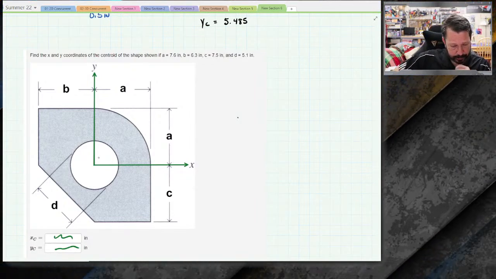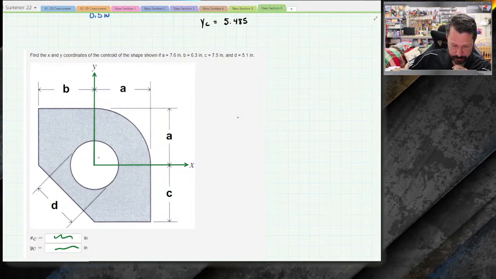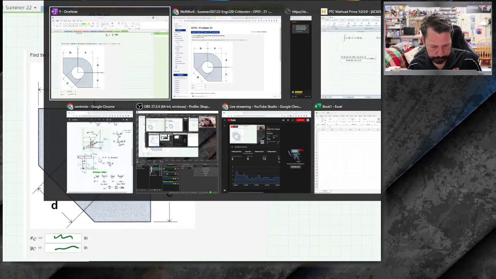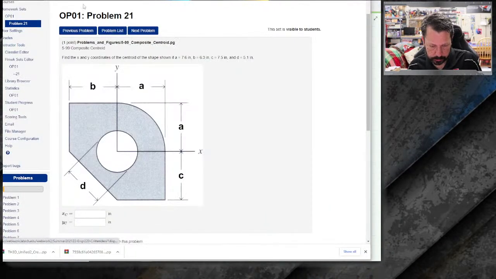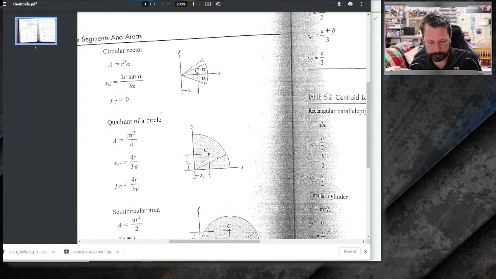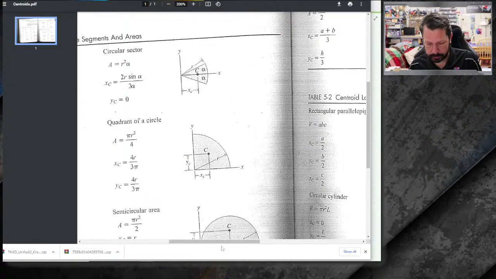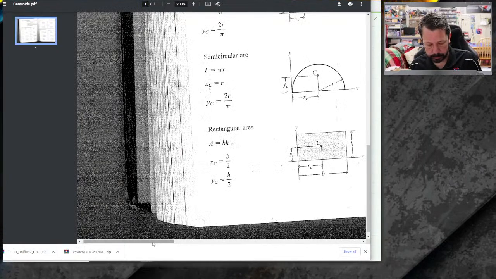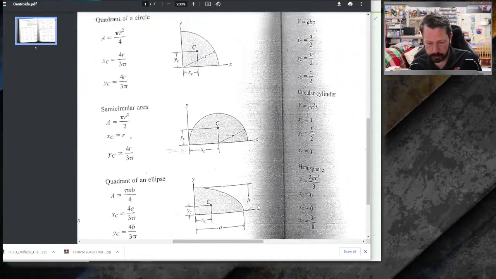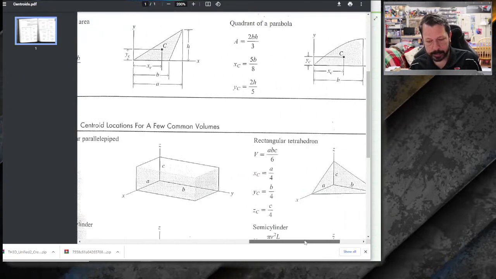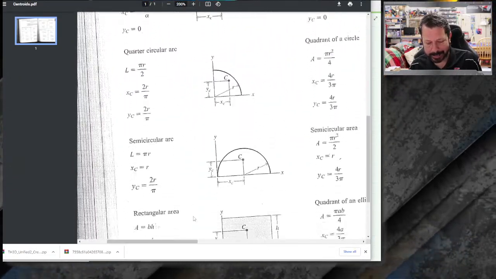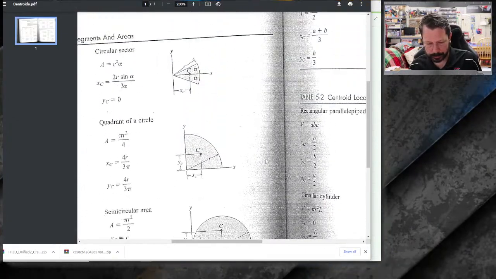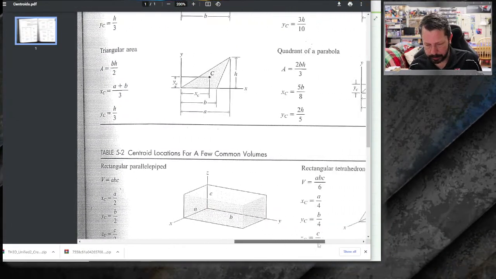All right, so I've got to figure out how am I going to divide this into pieces, where's the thing that I have to work with. So there's a quarter circle. I saw that in there. There were rectangles. They might have been squares, but they were in there. This picture, for whatever reason, has a rectangle, but it doesn't show you a circle, but you could also use a circle.